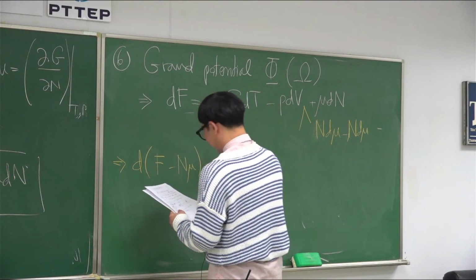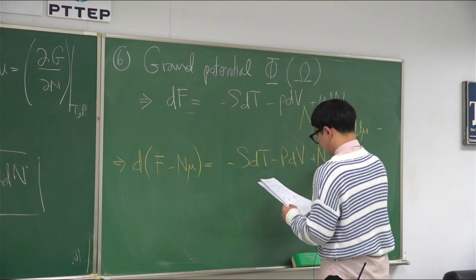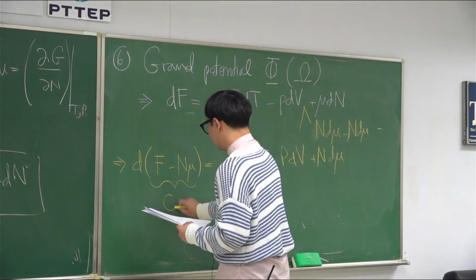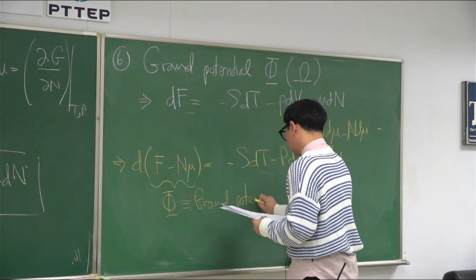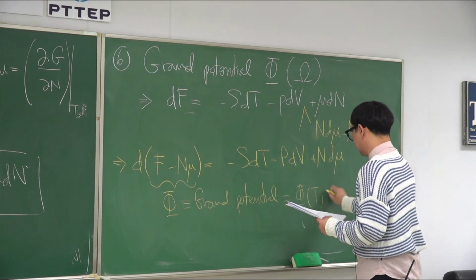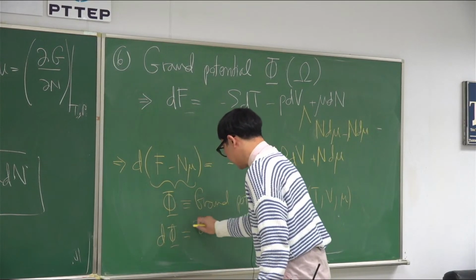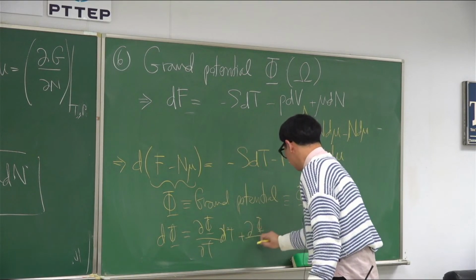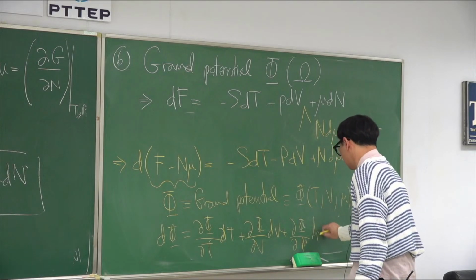Then you will get this here, which I'm going to call the grand potential, which is of course a function of these three variables, and you consider the chain of this, so you get this one.